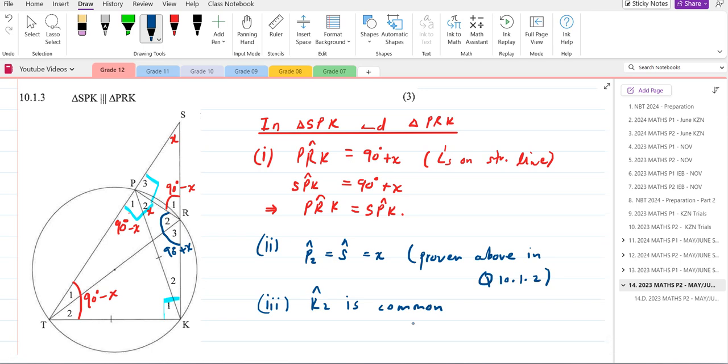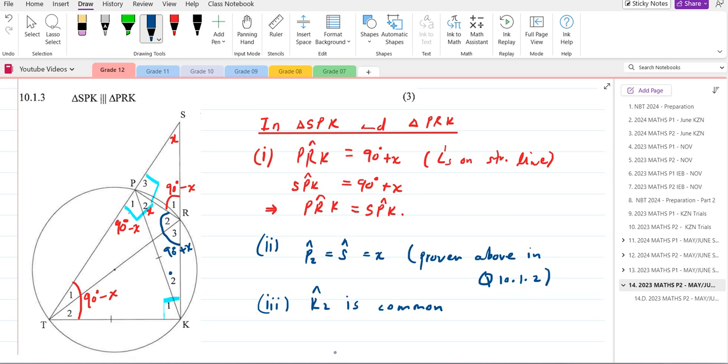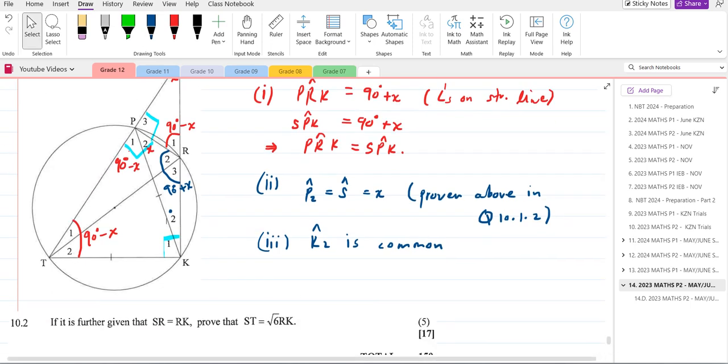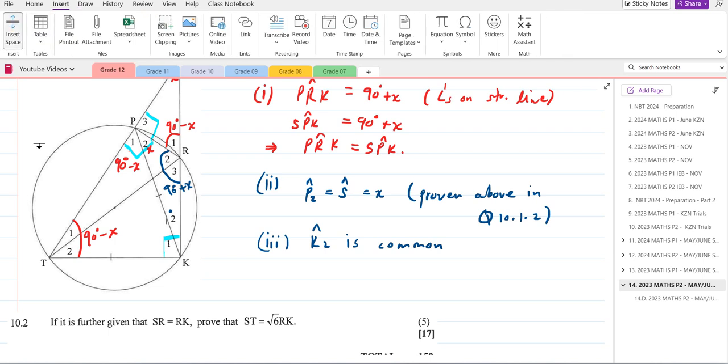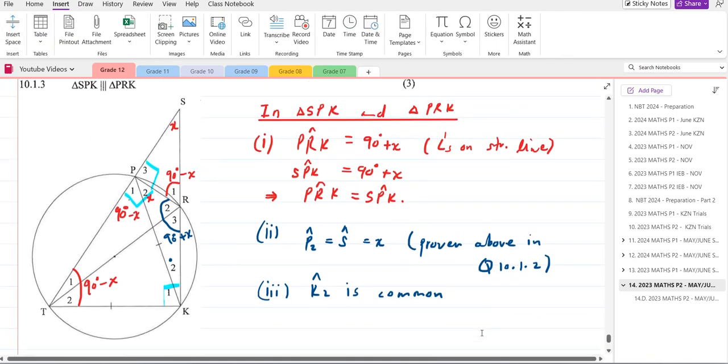Angle K2 is common, so I didn't really see this, but now I'm seeing it because it's common to both. So we could have just used that and there was no need for the first one, but it's fine if you did that, because that's what I saw. You won't get marked wrong.